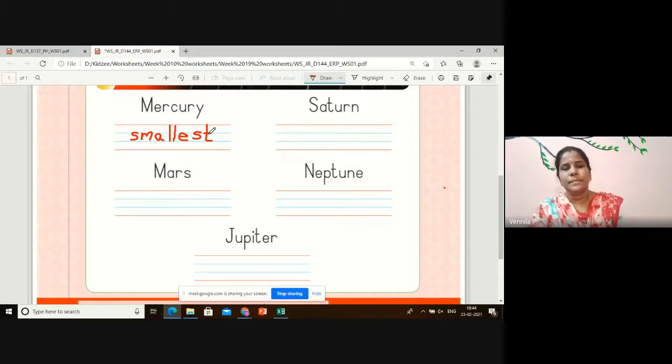Smallest. If you have the words given in your book, you can look at it and write. Okay. First, we have written the smallest planet.